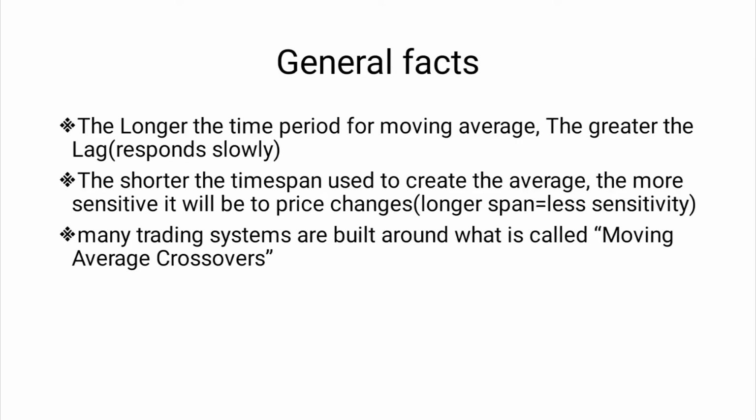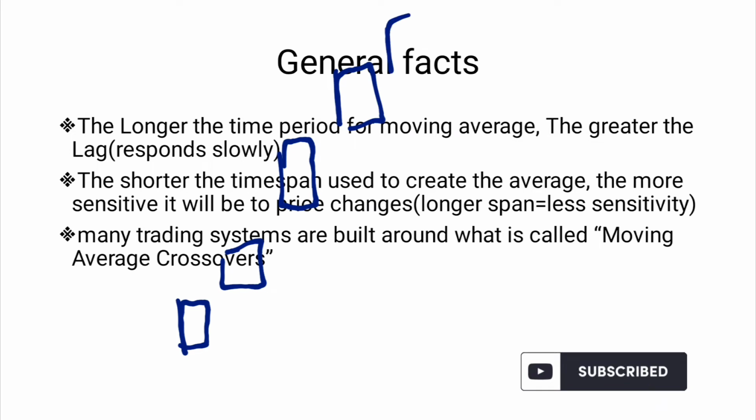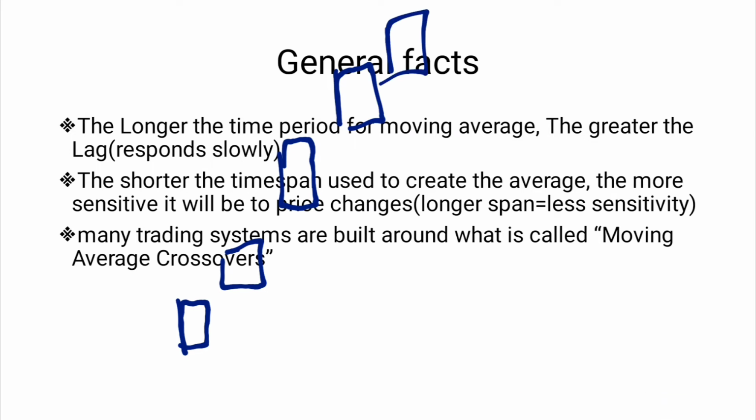So, general facts: the longer the time period for a moving average, the greater the lag. When you put a 10 or 13 moving average, let's say these are candles, you see that the 13 will be close to the price and will be the first one to cross.